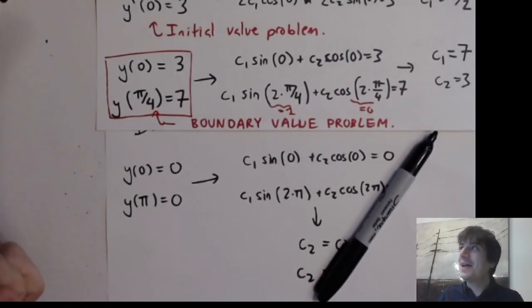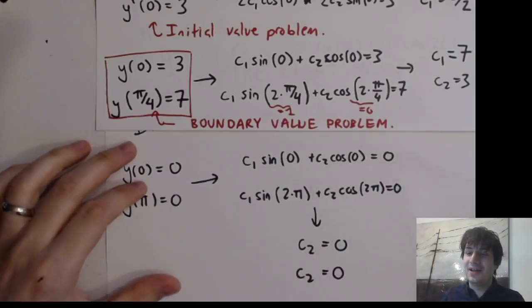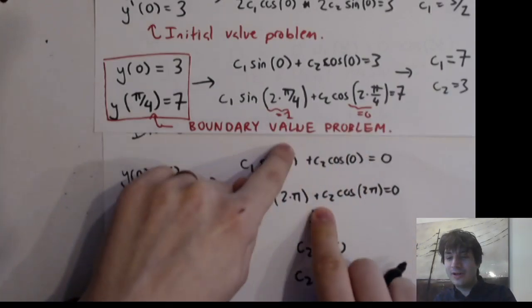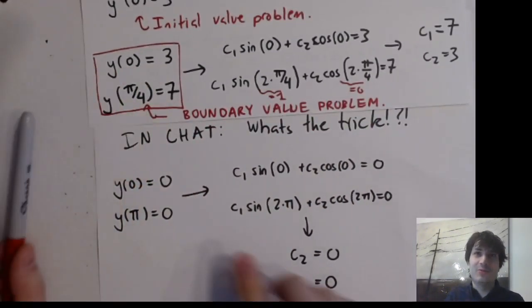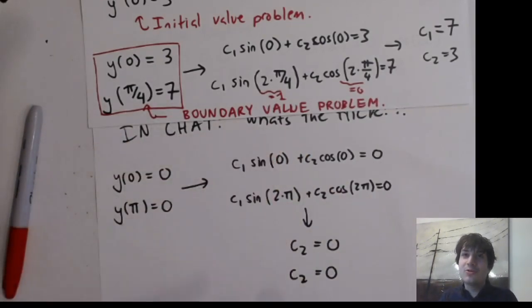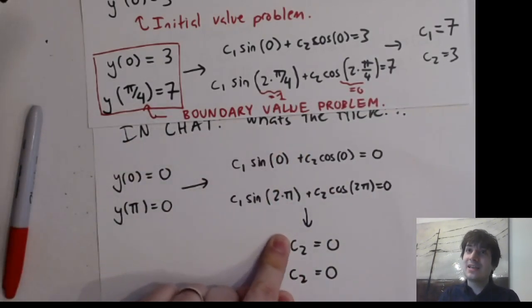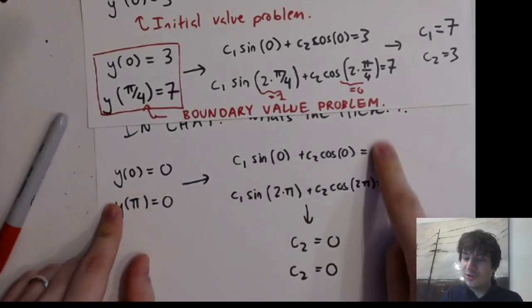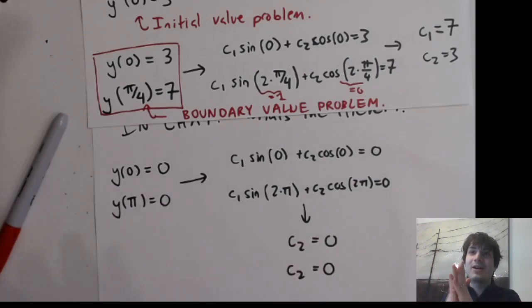Okay, I think people in the chat have figured out what's going on here. We were given two pieces of information. That led to two equations. But then when you look at the two equations, it's actually the same equation twice. So there were two pieces of information and two equations, but the two equations were repeats of each other.